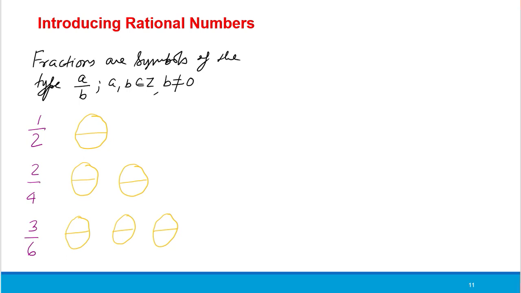What I mean to say is that one part is the same, so the magnitude is the same. So what we observe is that the magnitude is the same, and there comes the concept of numbers.